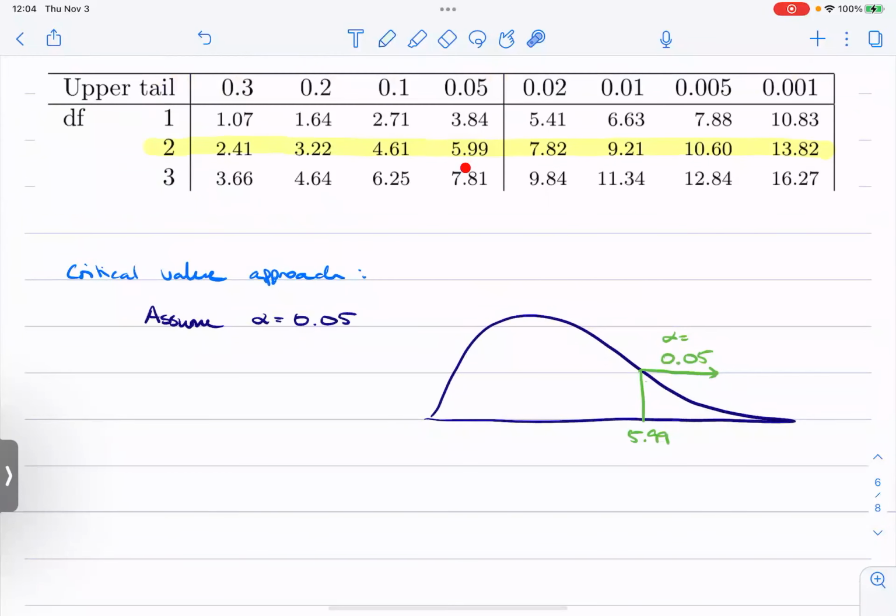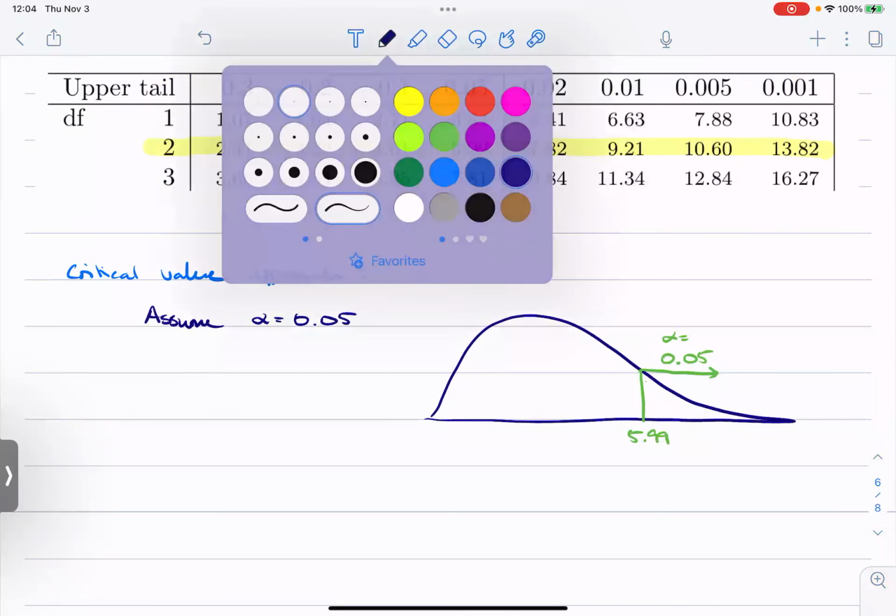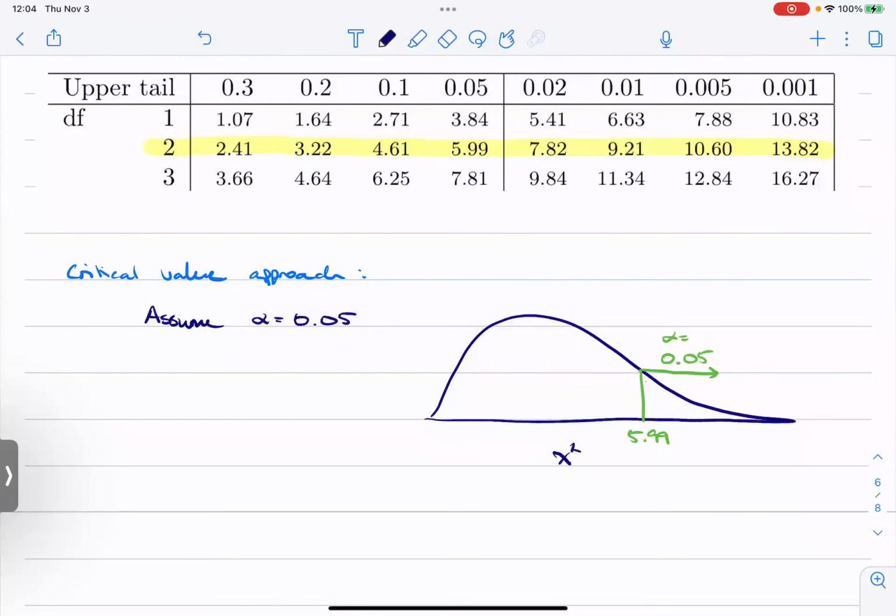It's going to be different depending on how many degrees of freedom you have. But remembering that this is just a chi-squared number line, if my chi-squared calculated is larger than 5.99, then I have enough evidence to reject H naught.